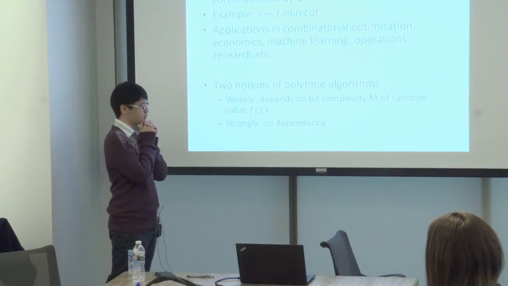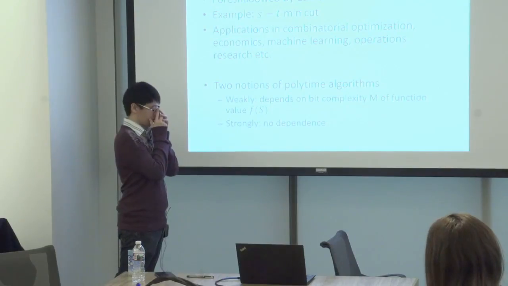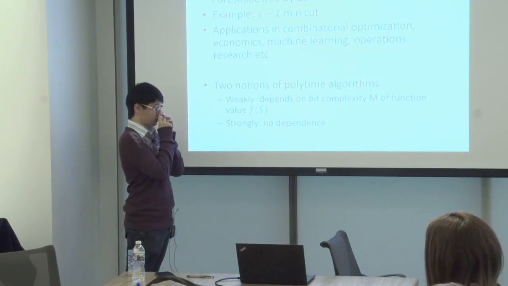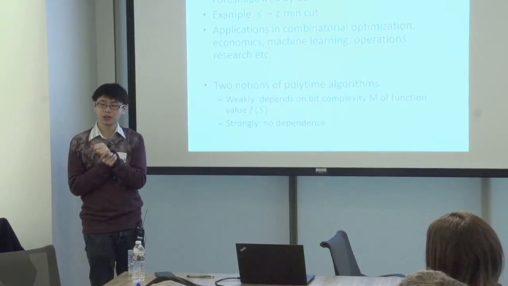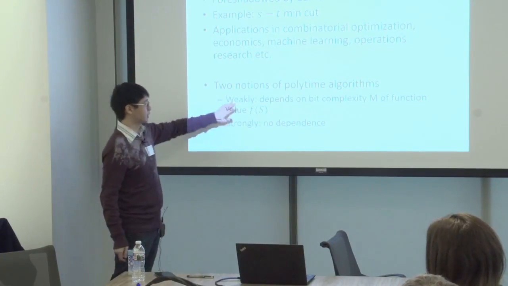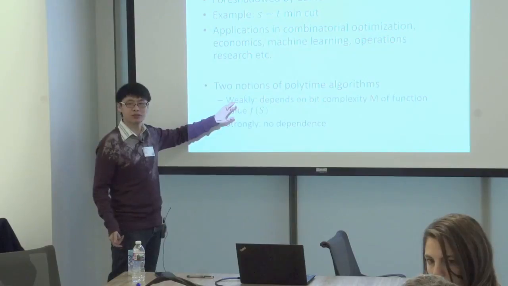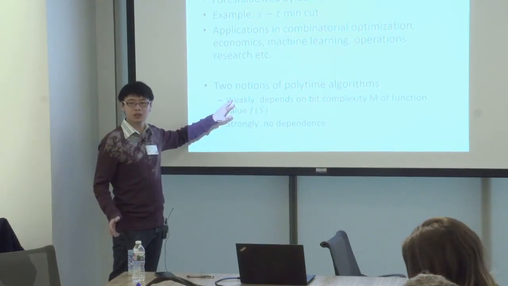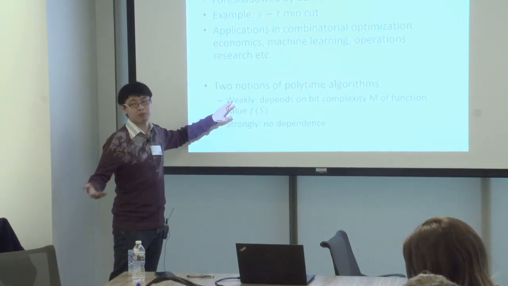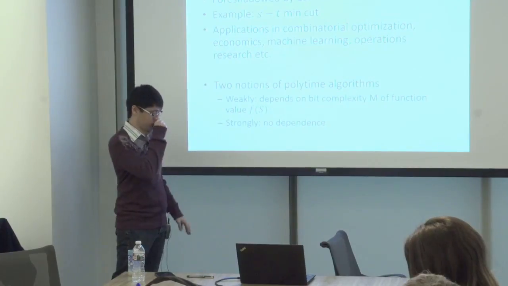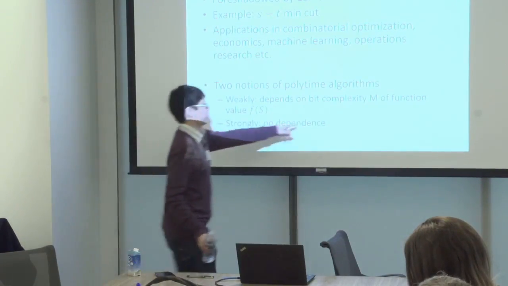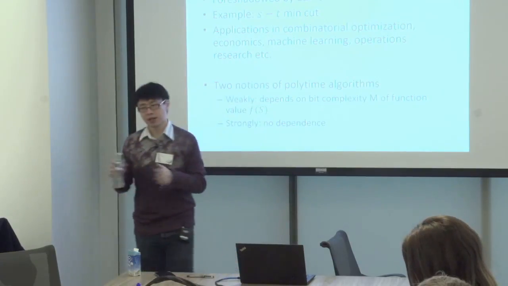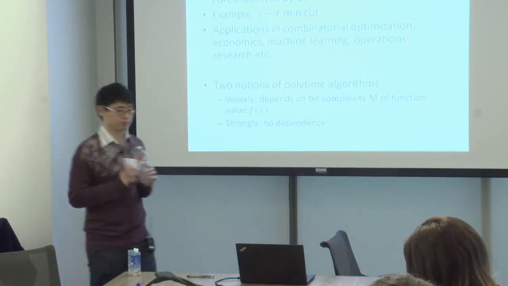For discrete algorithms, there are two kinds of polytime notions that we care about. The first one is the weakly polytime algorithm, something like interior point or ellipsoid. The running time is going to depend on the bit complexity of the problem. And the second type of guarantee is independent of the bit complexity, so it just depends on the dimension of the problem.